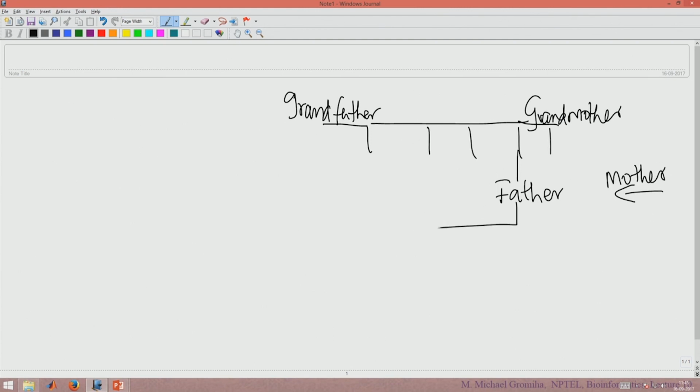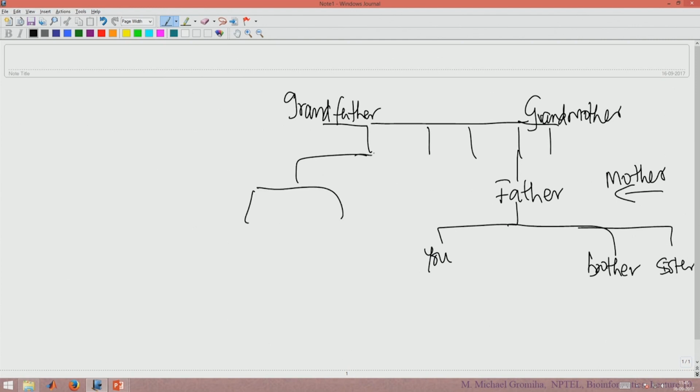So, here they have several children, right. So, this is maybe you, these are your siblings, your brother, sister, and so on. Here also you can have different children, like this for the different sons or daughters of these grandparents. Then here you are. So, you have your son, your daughter and so on, right. So, you have these relationships.